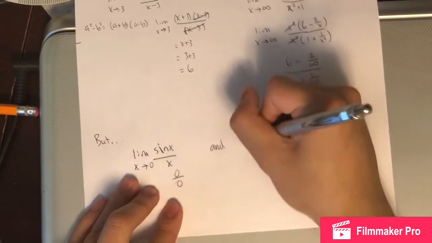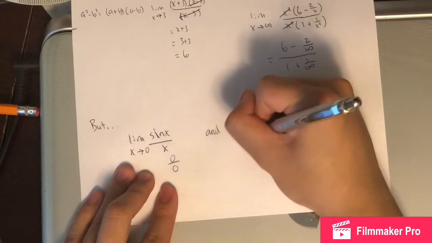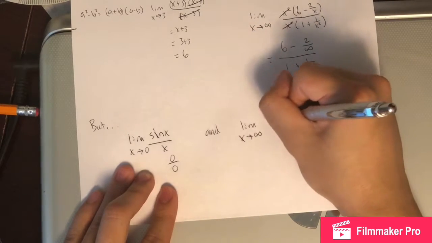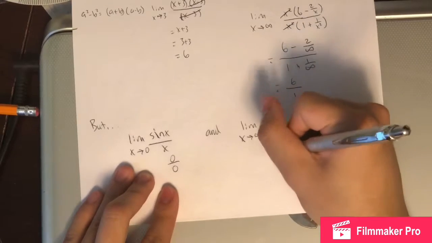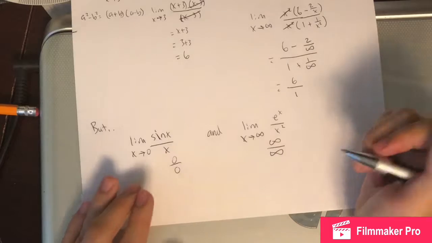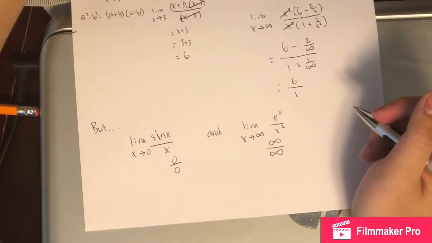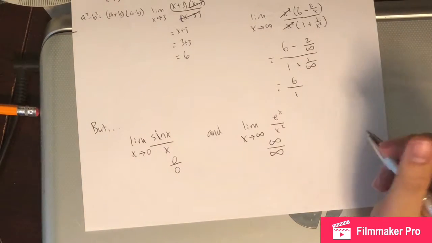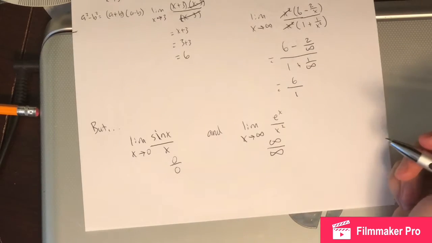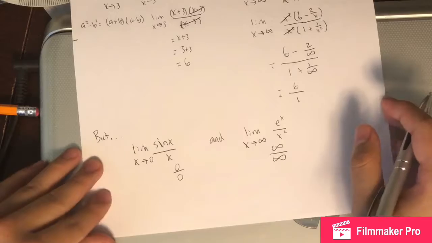And the limit of x to infinity of e to the power of x over x squared. This one we would get infinity over infinity as well. But the real question is, how are we going to make it not that anymore? Which is why we apply the L'Hospital rule.